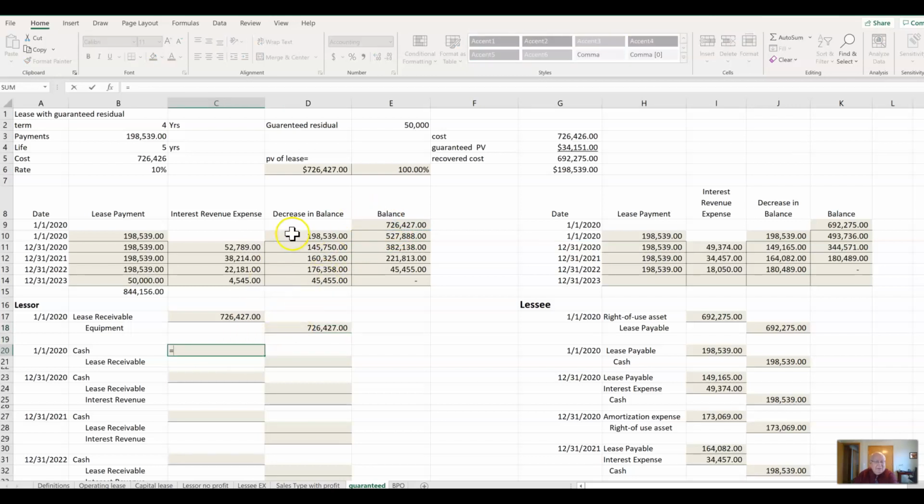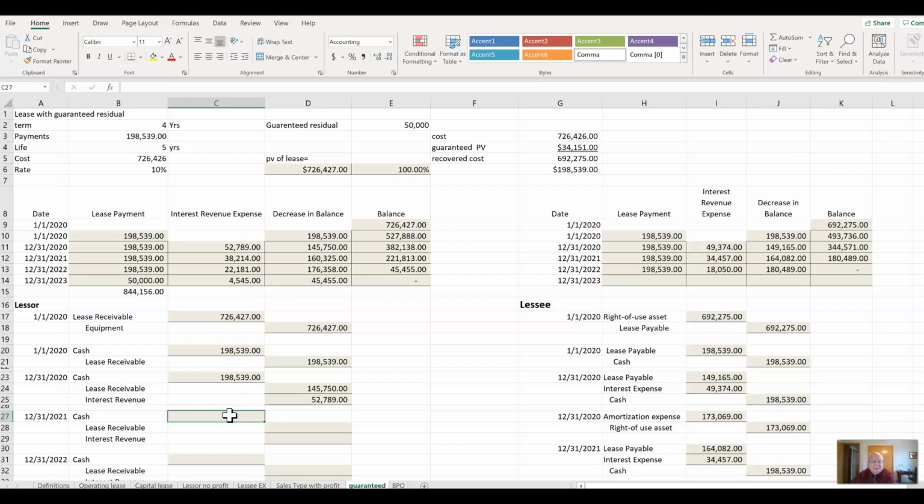And then the cash payment is the 198. That's the cash payment over there. And the lease receivable is the 198. And then the second one is equal to the 198. And then we have the lease receivable of 145, and interest revenue is 52,789.